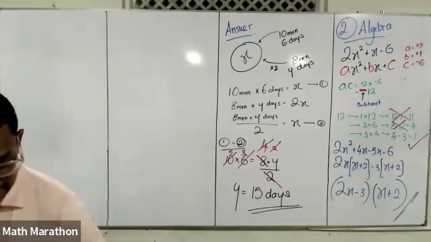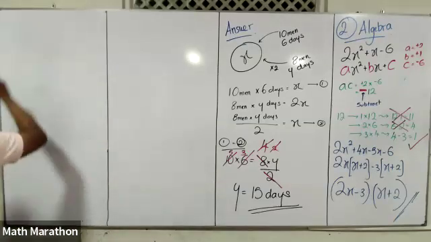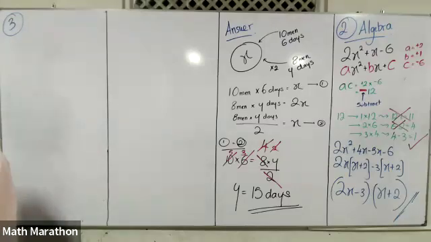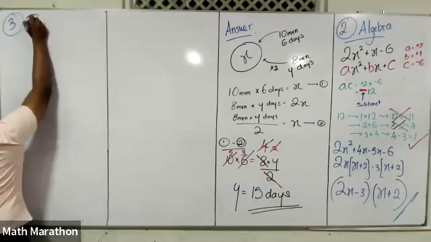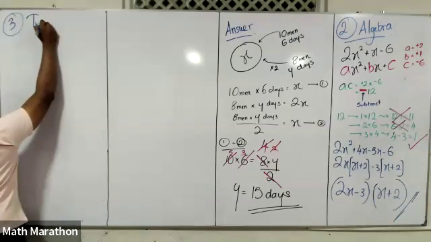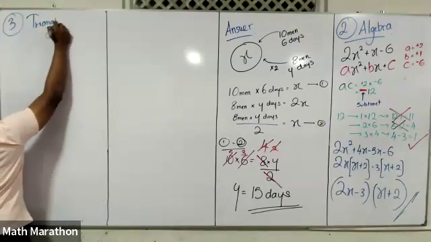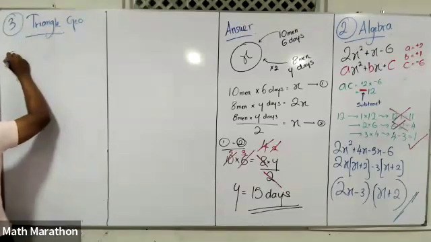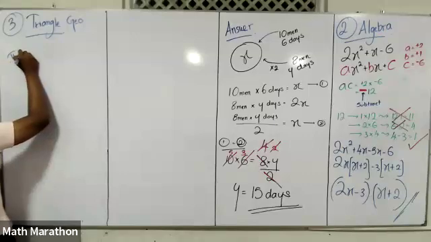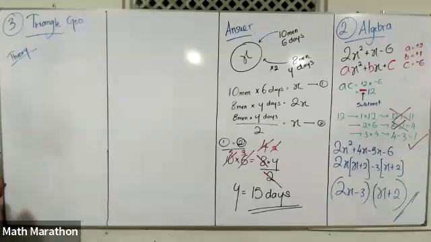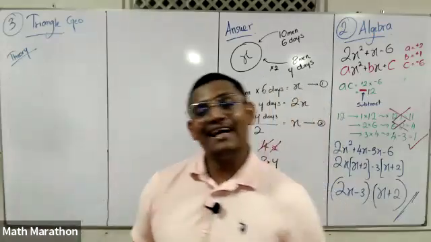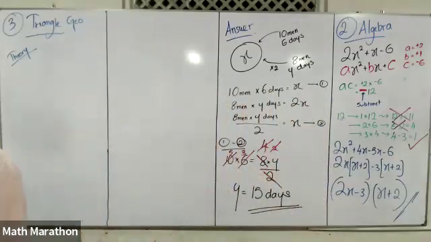Okay, so that is that. Question number 3. Triangle geometry. Theory. Very straightforward theory which you have been studying from grade 6.